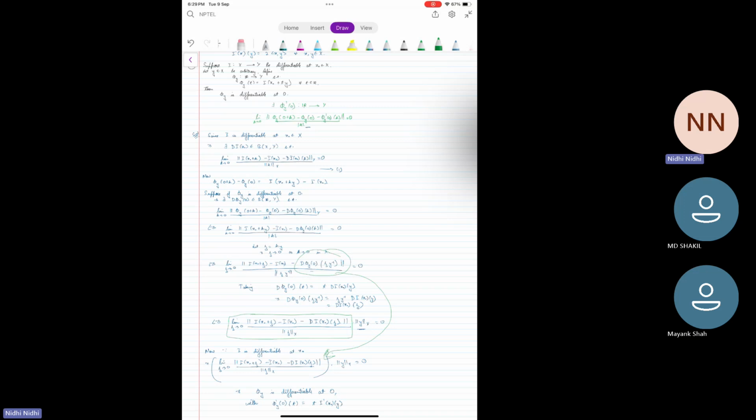Somewhere you will have to think about what we should take. This is basically back calculation, and using this process, you can guess what the derivative should be.